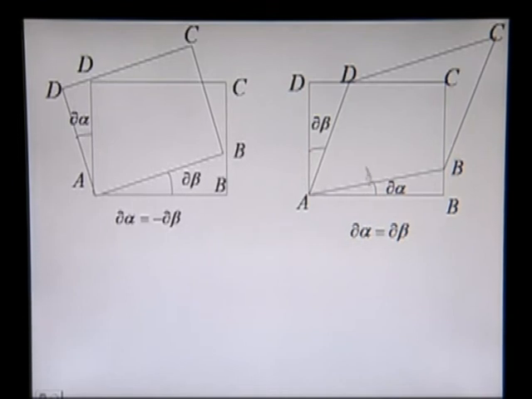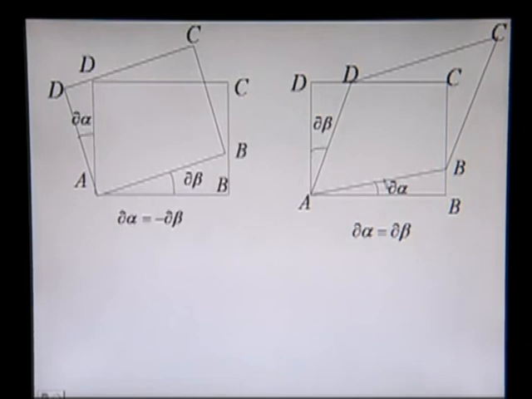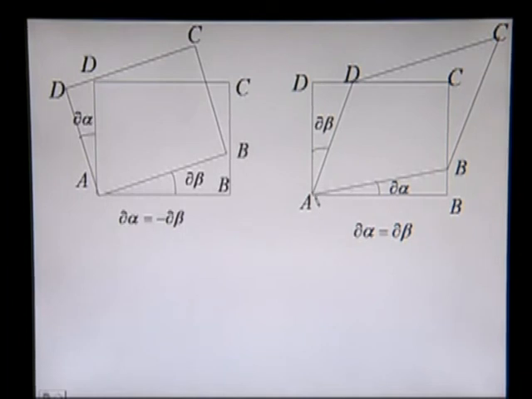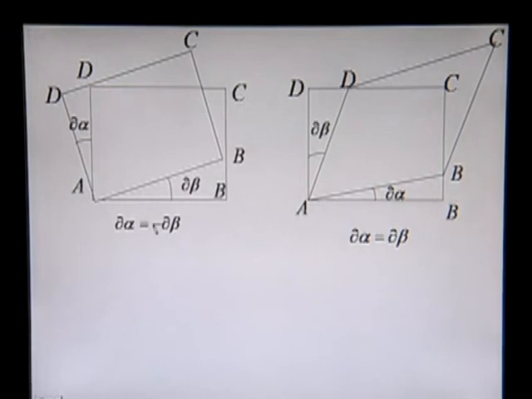Now, in this second figure, we have delta alpha and delta beta both the same, right, and this fluid element ABCD gets deformed and takes this position at time t plus delta t. In this case, this element is subjected to pure deformation without any rotation, right.